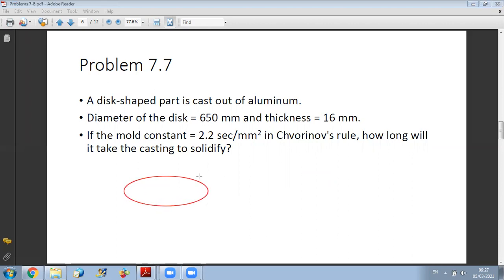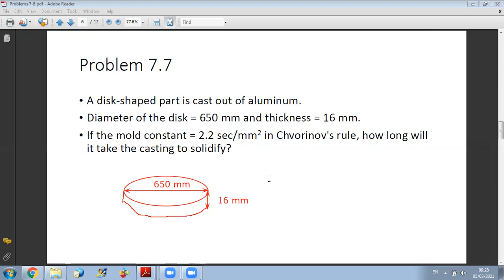So we have the diameter of the disc, which is 650 millimeters, and the thickness is 16 millimeters. Now, what we want to do is calculate the solidification time.